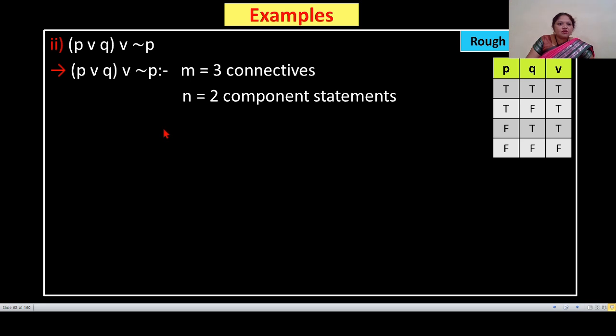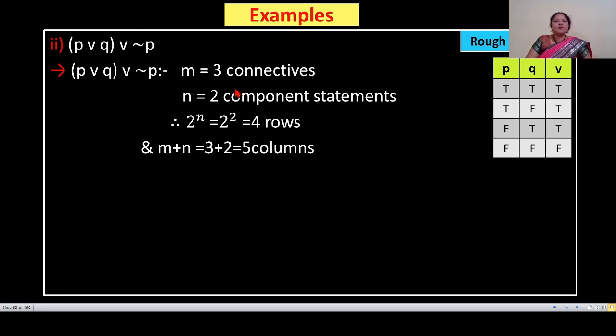Therefore, 2 raised to n, this 2 is the possibility of a statement, a statement is true or false. Equal to 2 raised to 2 equal to 4 rows, and m plus n equal to 3 plus 2 equal to 5 columns. Let us see the truth table.